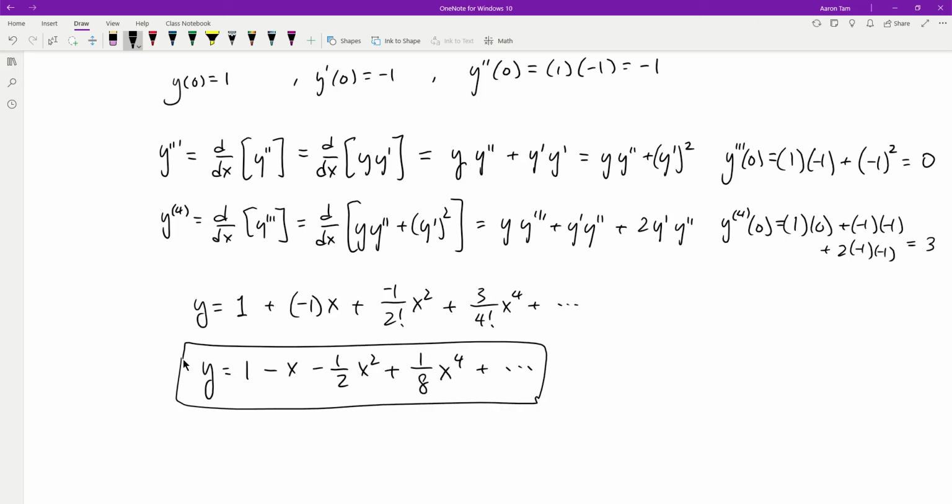So when you're doing this process, it's important to remember that every time you differentiate y, you have to have a derivative of y. If you differentiate y prime, you have to have a derivative of y prime, and so forth, because you are differentiating them with respect to x. So therefore, the chain rule needs to be applied. This is very similar to implicit differentiation that you learn in BC calculus, where you differentiate a function of y, you have to put dy/dx.